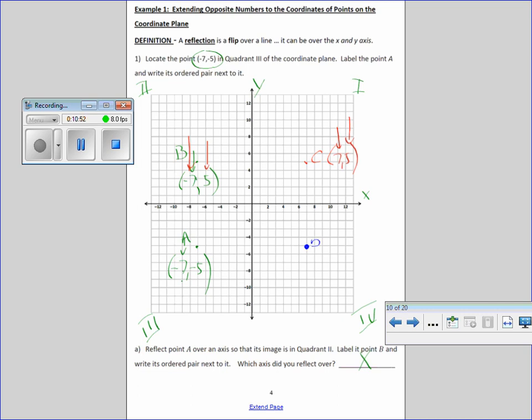Give it the coordinates too. Every point's got to have an address attached to it, unless they say otherwise. You guys have 7, -5.